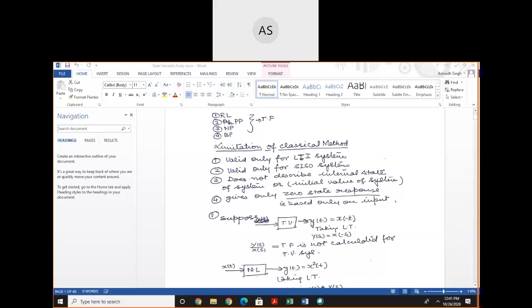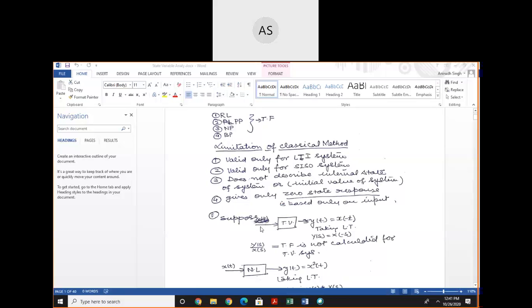So in classical method, initial states cannot be described, and we always take initial condition 0. It gives the zero state response. Zero state response means the output depends only upon input. Output doesn't depend upon initial states of the system.